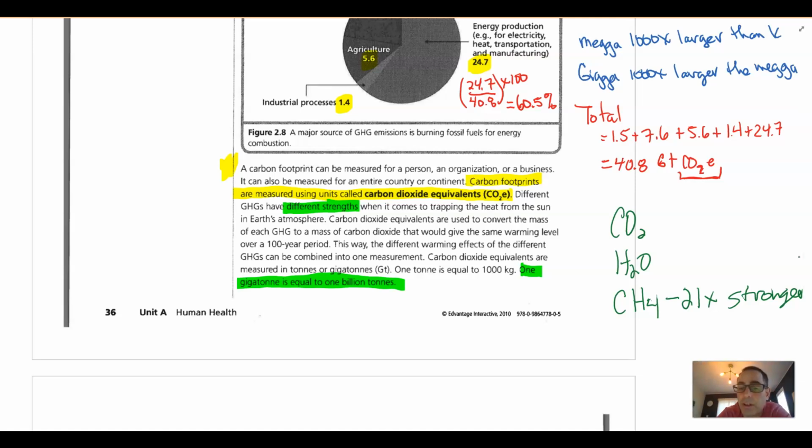So it takes less methane to make the same amount of warming as carbon dioxide. You only need about 20 kilograms of methane to produce the same warming that 100 kilograms of carbon dioxide would. So different greenhouse gases have different warming strengths. So these are our GHGs.